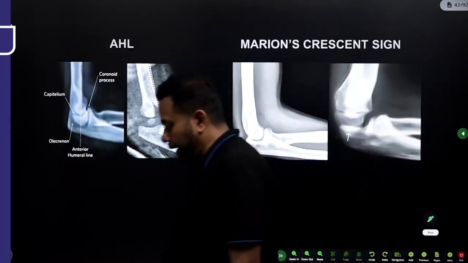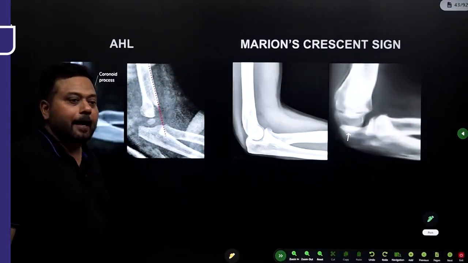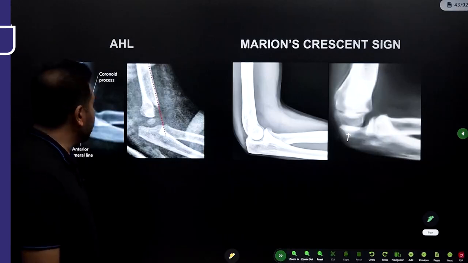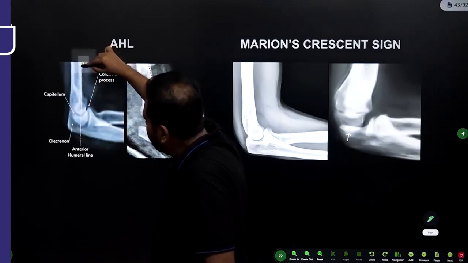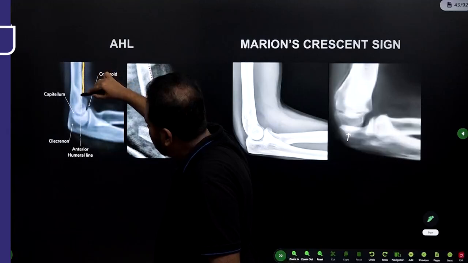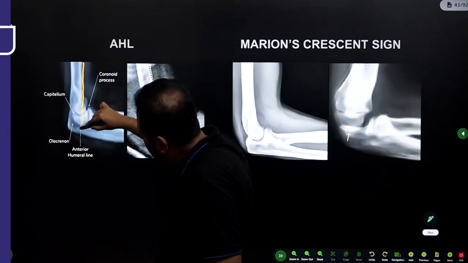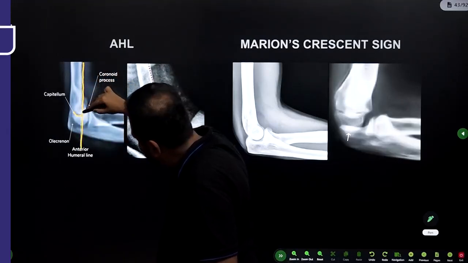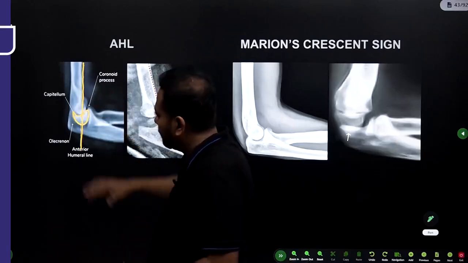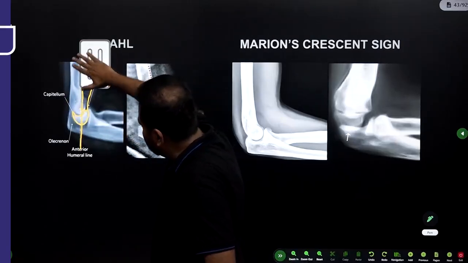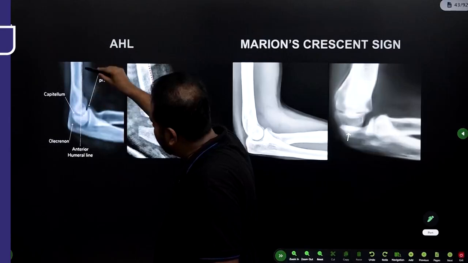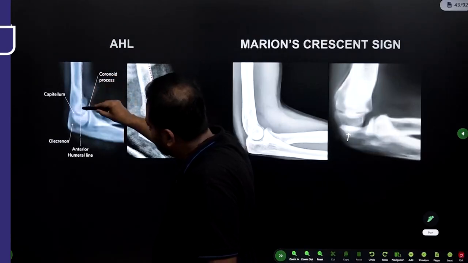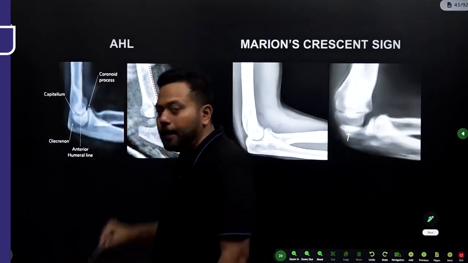Third radiological sign: you again take a lateral view X-ray of the elbow joint. Look at this. When you draw a straight line on the anterior aspect of the humerus, it cuts the center of the capitulum, dear friends. Now I am erasing. Whenever I draw a straight line on the anterior aspect of the humerus, it cuts the center of the capitulum.